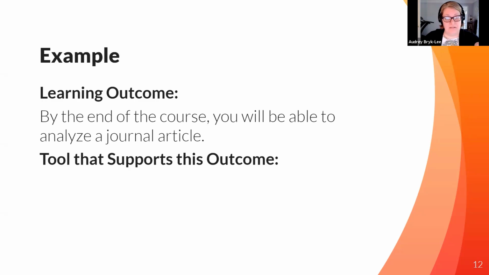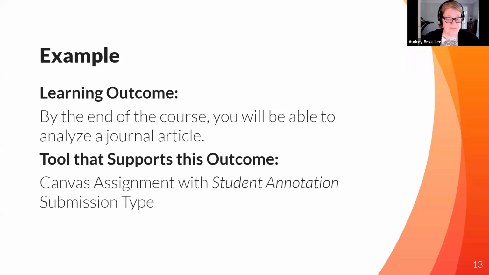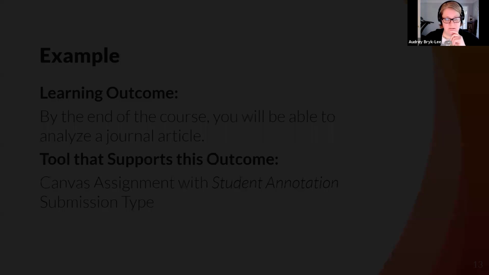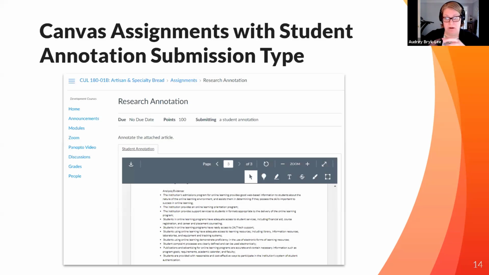So another example, by the end of this course, you'll be able to analyze a journal article. So think about it like this. I want to set up a practice activity. So I think about, what does that involve? And a tool that would allow that practice activity here might be the student annotation submission type on a Canvas assignment. And let me show you what that looks like if you're not familiar, because this is actually very new in Canvas.